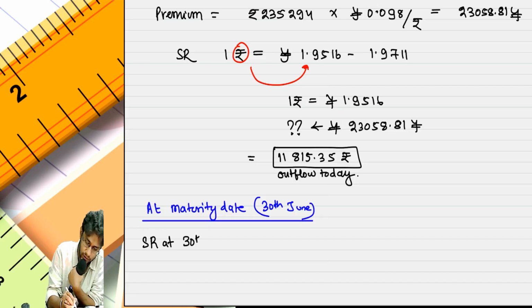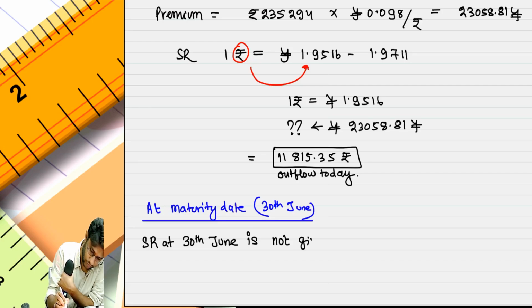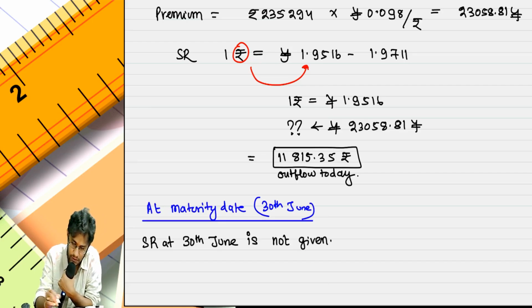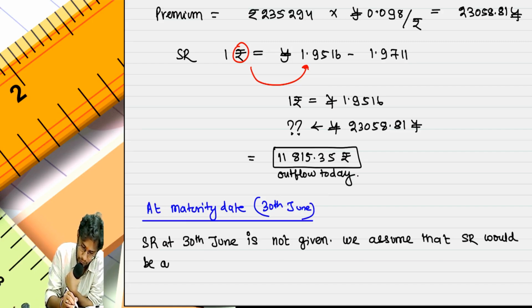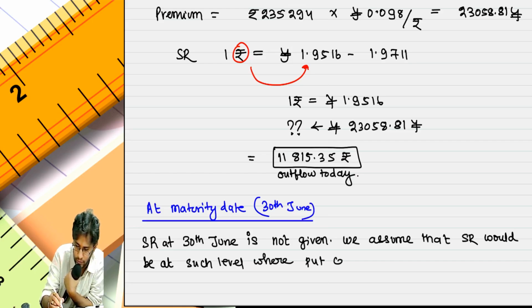Spot rate at 30th June is not given. We assume that the spot rate would be at such a level where the put gets exercised.